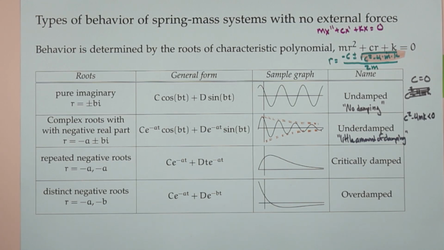Now, we come into a very interesting case. What if we have repeated negative roots? Repeated roots give c e to the minus at plus dt e to the minus at. And this is called critical damping. If you look at it, it doesn't feel like there's a spring there, right?